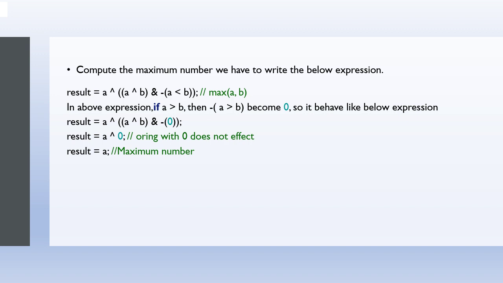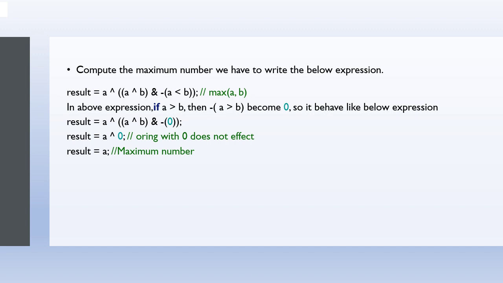And you can monitor the expressions. Suppose a ^ b, what is the value it is going to generate, a ^ (a ^ b). If you do it this way, you will learn it much better.